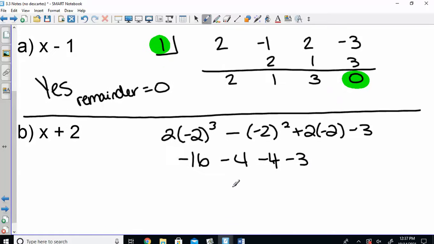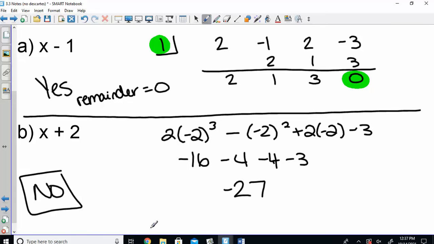What'd you get? Negative 27. So is that one a factor? No. My remainder would be a negative 27, so it does not divide evenly.